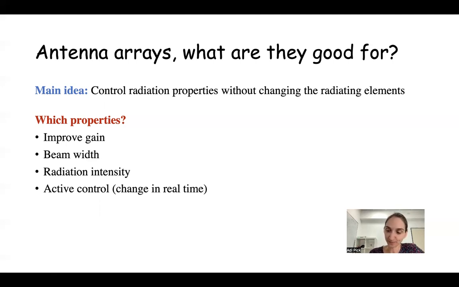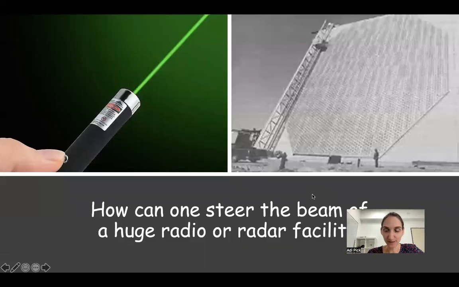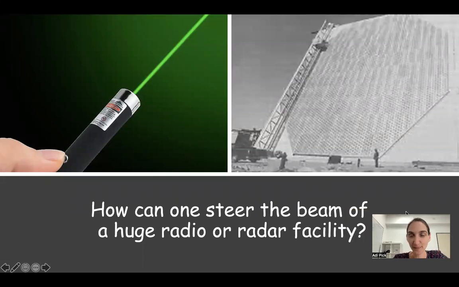This will be the topic of today. All right, so let me first give you a taste, an example of what you can do with an antenna array. This is an example that fascinated me. Let me tell you what it is.